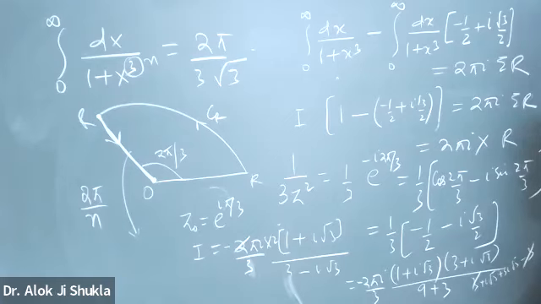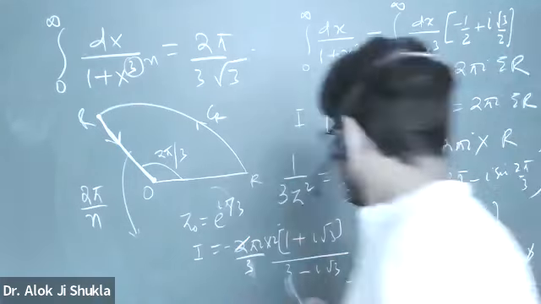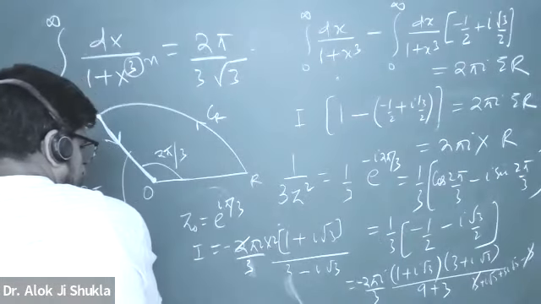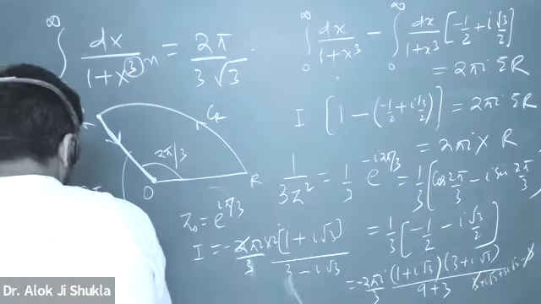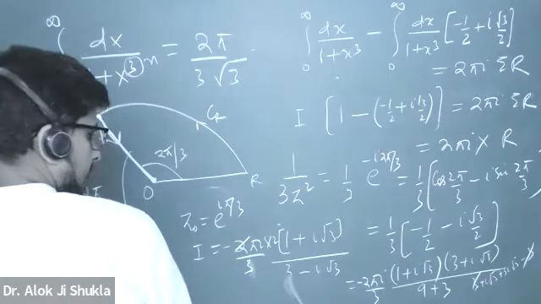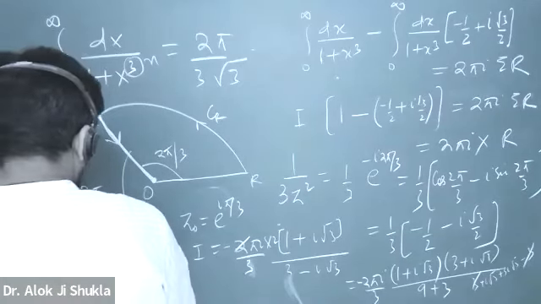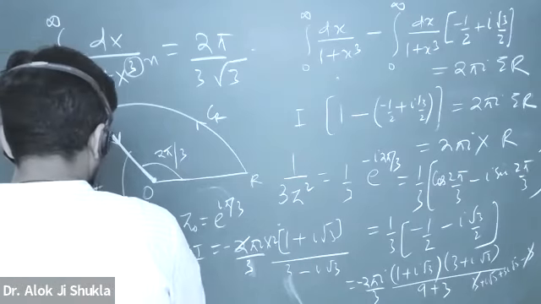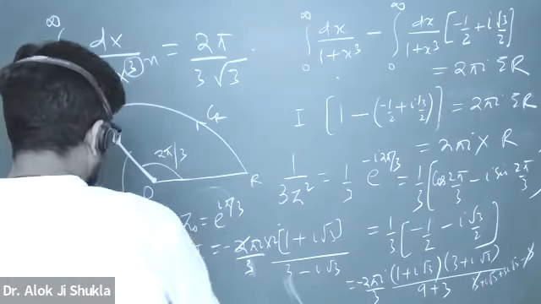So this will cancel. It will become 4I root 3. Okay, yes, sir. So it will become minus 2 pi I by 3 into 1 by 12 into minus 4I root 3. Correct?